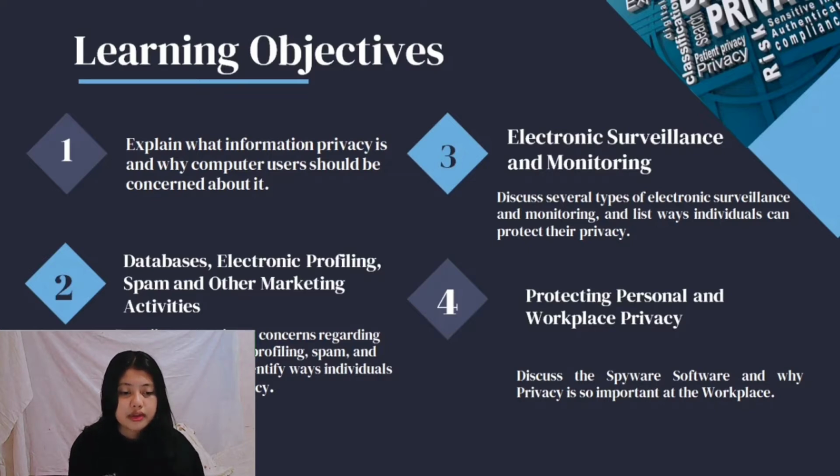It is where we will go over various privacy concerns like databases, electronic profiling, spam, and other marketing activities, as well as how people may secure their personal information. Third one is electronic surveillance and monitoring. This is where we will discuss various methods of electronic surveillance and monitoring, along with strategies to protect one's privacy.